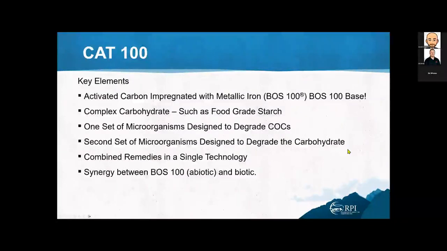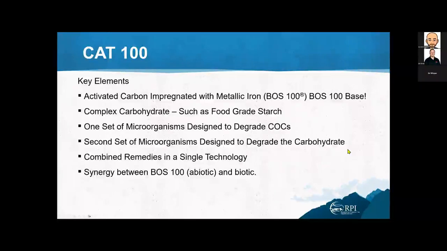So CAT 100, its key elements. It's an activated carbon impregnated with metallic iron. It has BOS 100 as its base. So BOS 100 is the carbon with metallic iron impregnated. We add to that complex carbohydrates, such as food-grade starch.